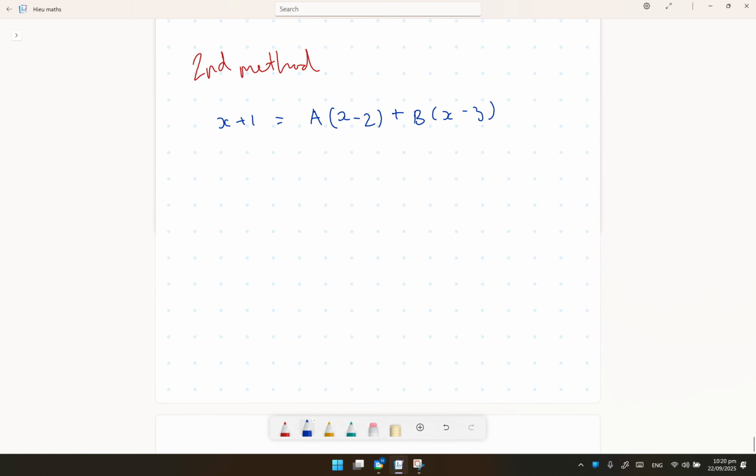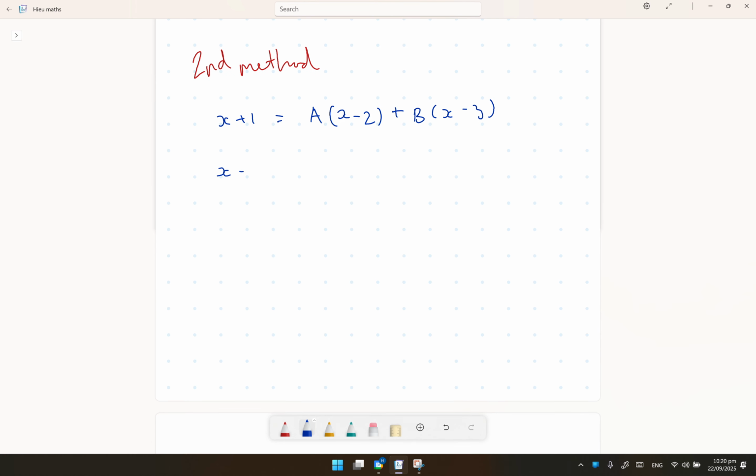Let's try multiplying everything out. So what we have here is x plus 1 is equal to ax minus 2a plus bx minus 3b.